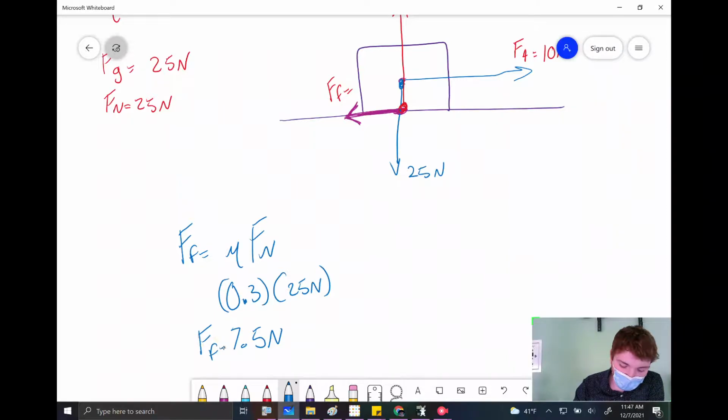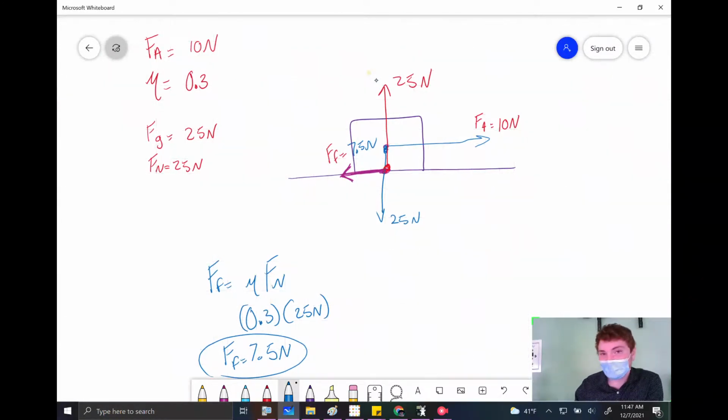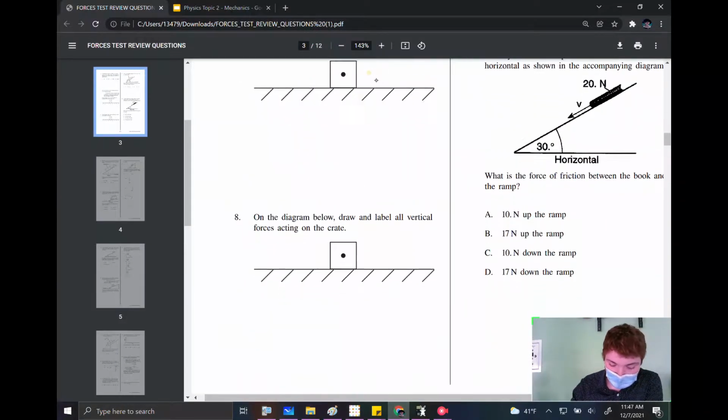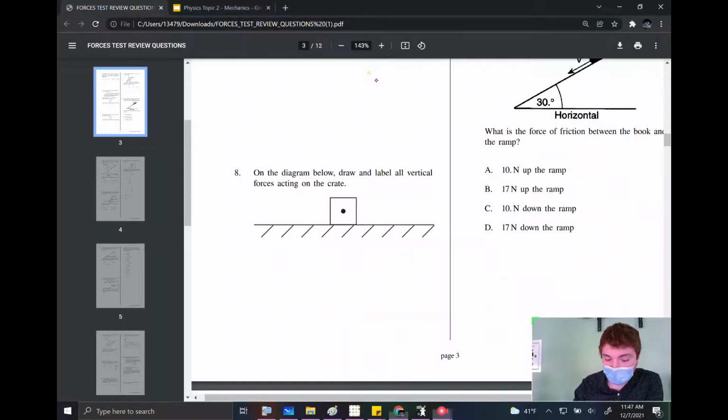So we get 7.5 newtons for the frictional force. Ff equals 7.5 newtons. And then we just answered both 7 and 8, because 8 asked me to label the vertical forces acting on that object. So 7 and 8, all done.